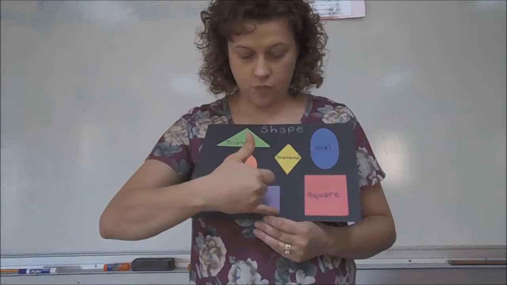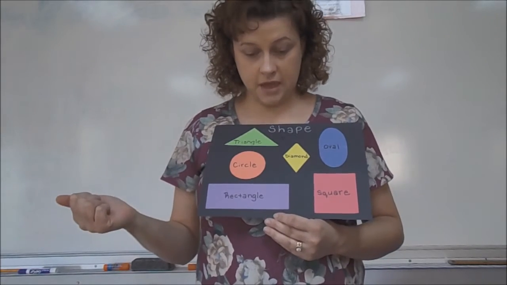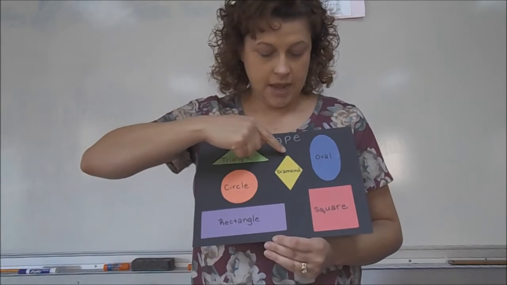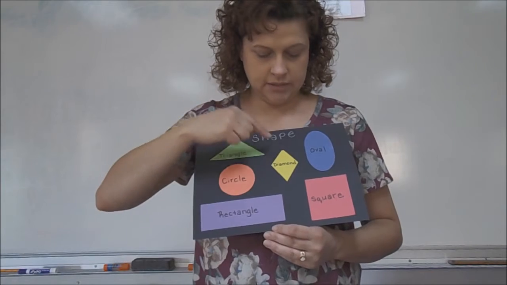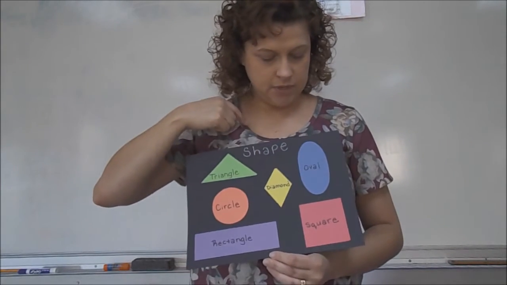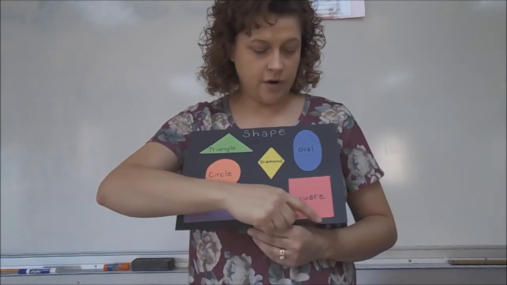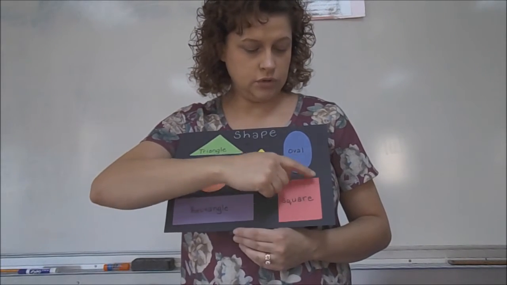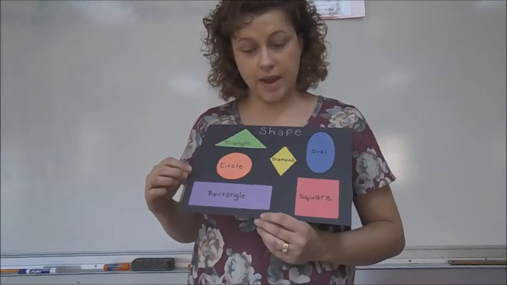Rectangle has 4 sides, but you see 2 sides are longer than the other 2. A diamond, look at that. Looks like someone took a square and stretched it out just a little bit. That's a diamond. We have an oval and a square. Square has 1, 2, 3, 4 corners and 4 equal sides. That makes it different from a rectangle.